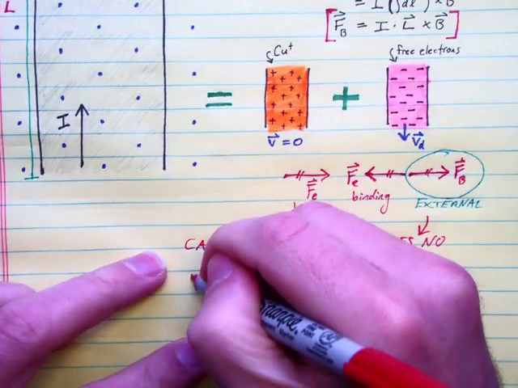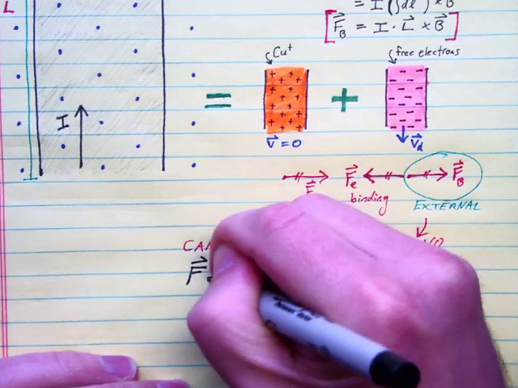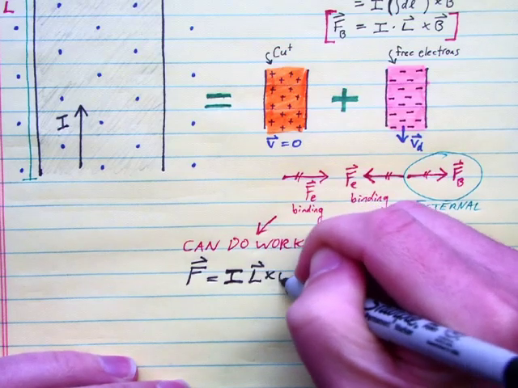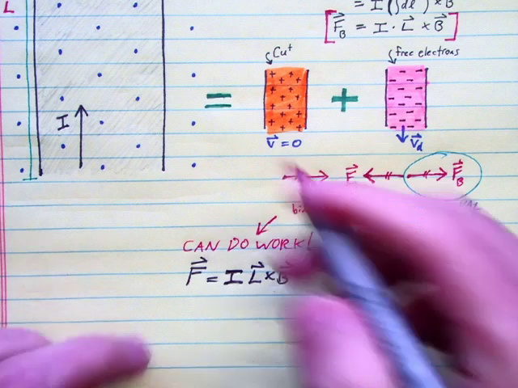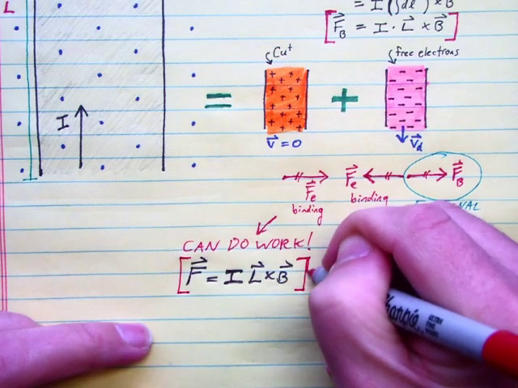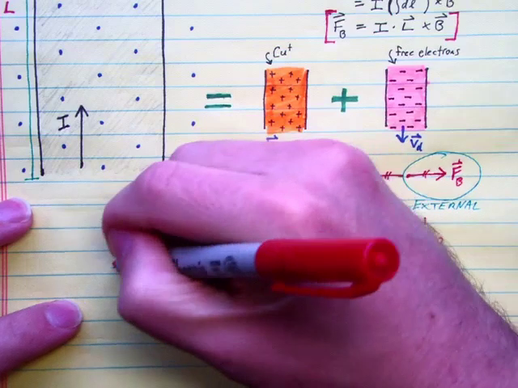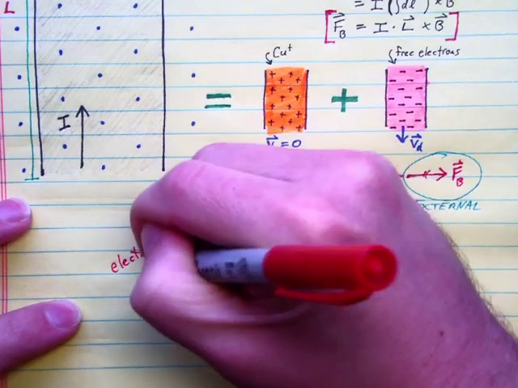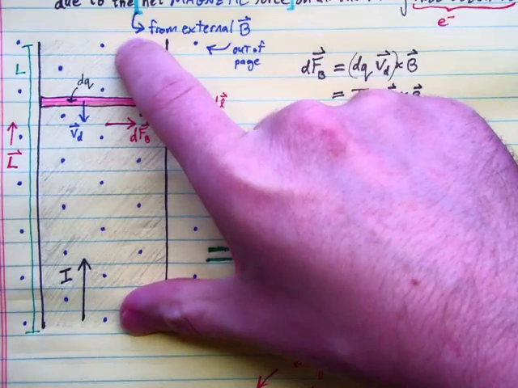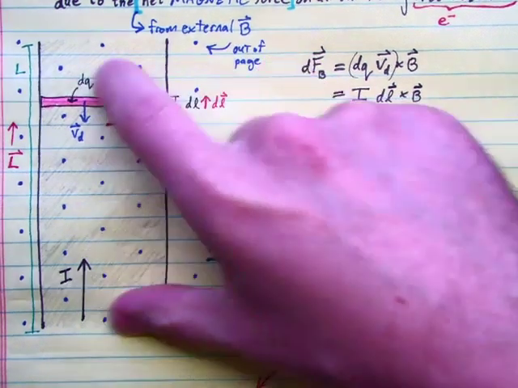So this net electric force on our wire here happens to have the same magnitude and direction as the magnetic force on the free charges. So it's easily mistaken for a magnetic force, but with the key difference that it's actually in nature an electric force. So it can do work. And this wire will get pulled to the right when it runs this current in this way through this field. And it will speed up and it will gain kinetic energy.